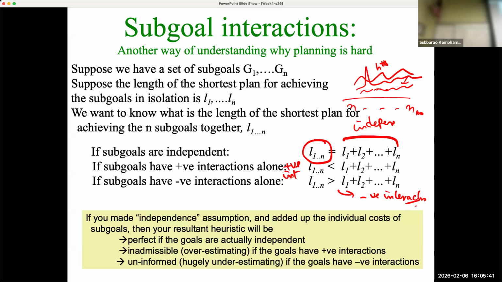That would be the happiest planning problem. Those are called independent sub-goal planning problems. If every goal you have in your life is independent of every other goal, your life is easy. The reason planning is hard is because you are just one person who has to do all these goals. You are the bottleneck.